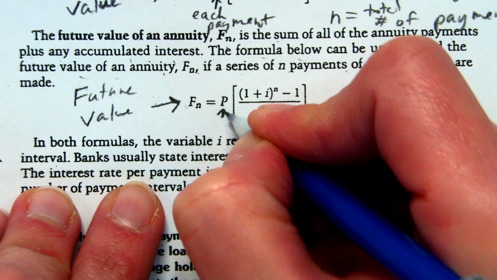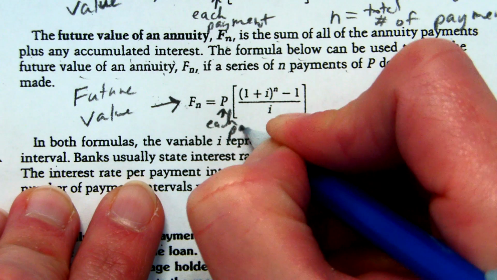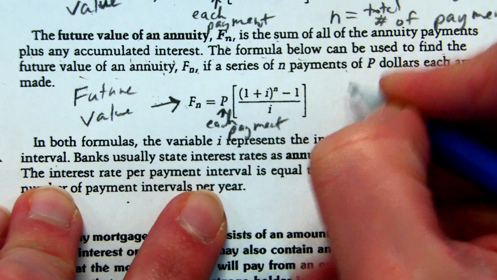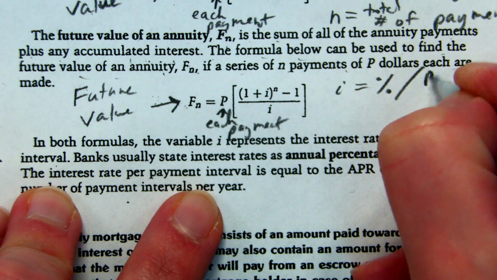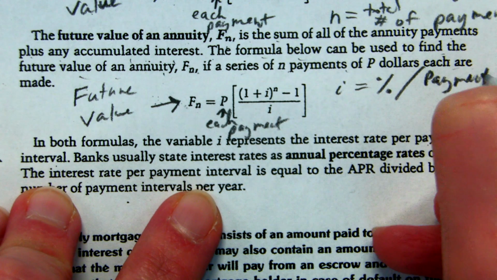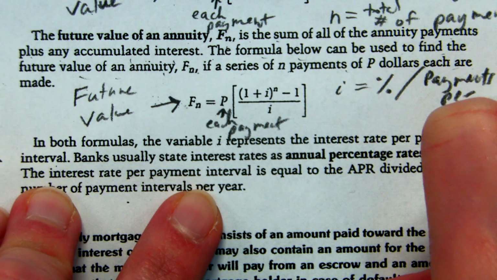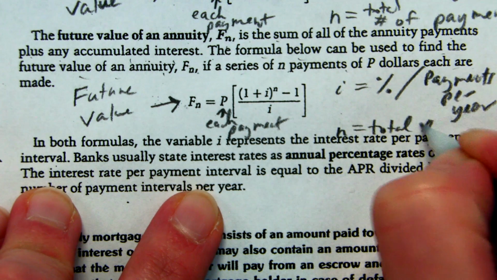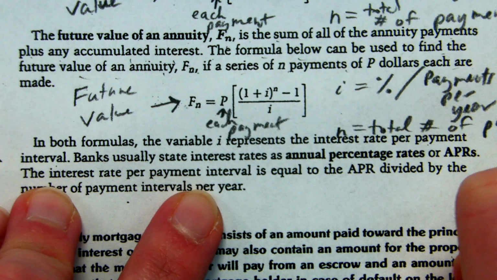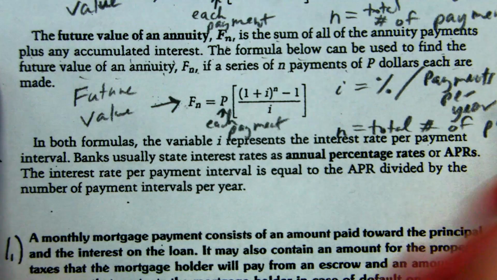P is still each payment. I is still that percentage rate divided by payments per year. And N is still the total number of payments.